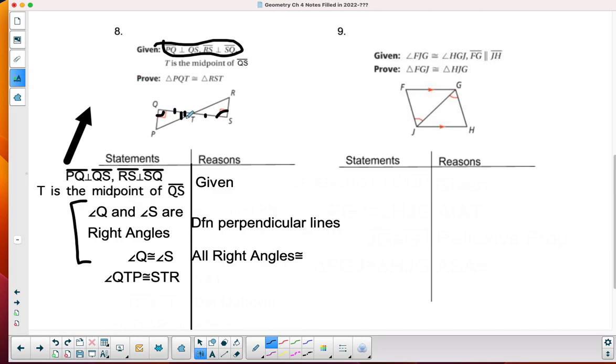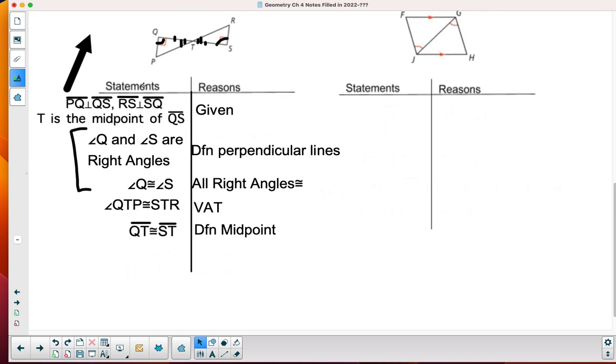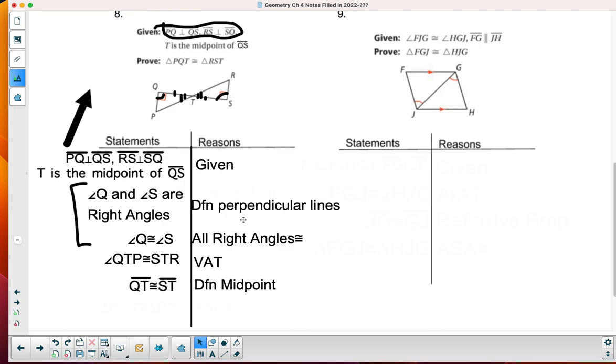I thought that I wrote that second, so I'm going to make sure that you know that those are vertical angles. So we got those, and then after that, I've got my midpoint definition. But now look at it, I've got angle, side, angle in my diagram, and I can prove those two triangles congruent by angle, side, angle.